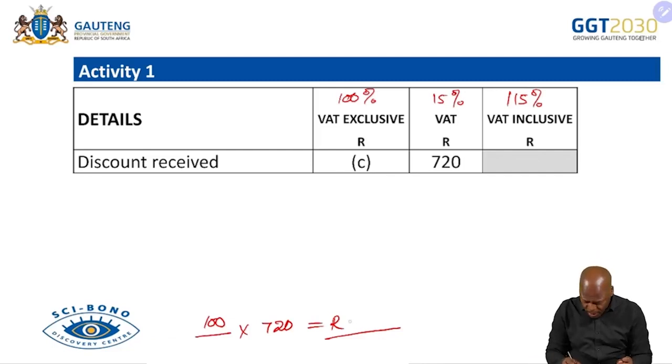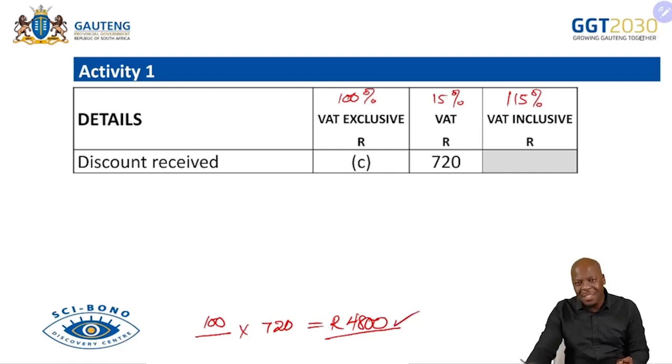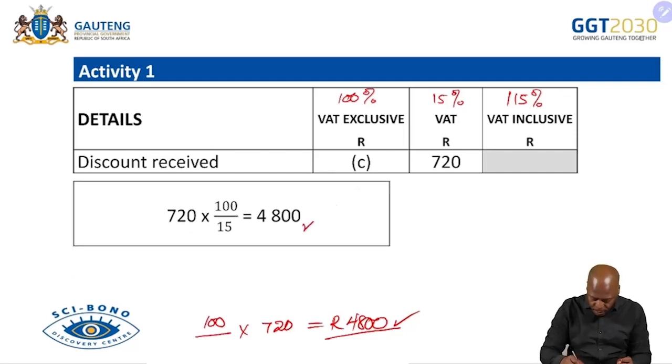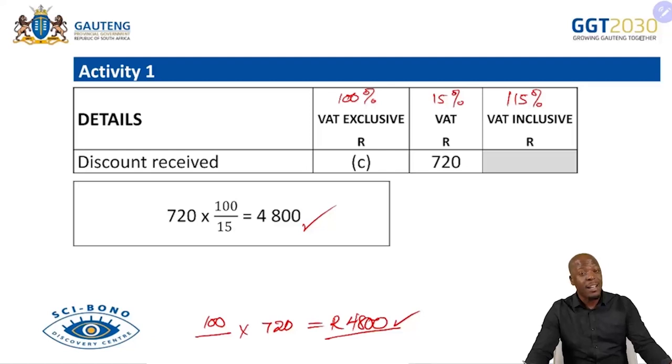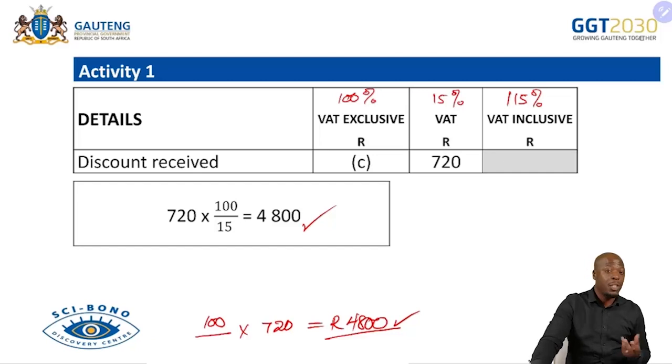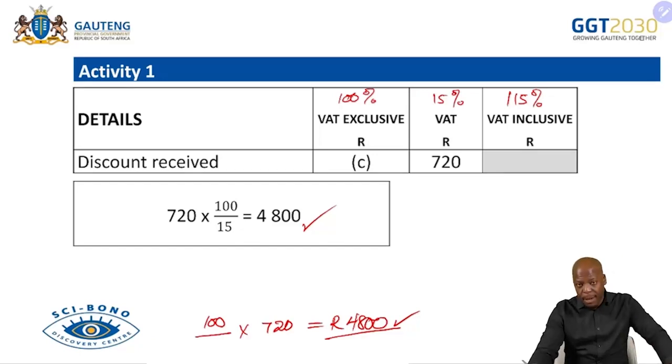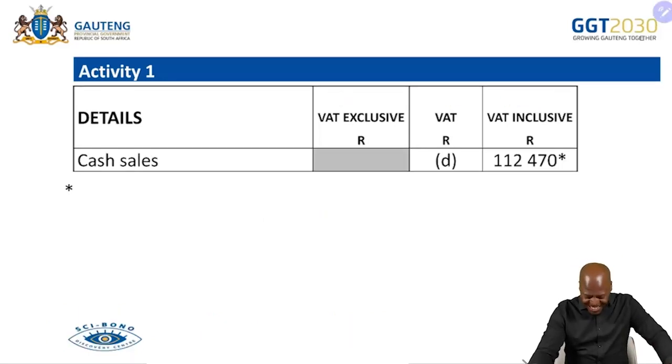Someone is saying we get 4,800. My dear, that is very correct. So we get 4,800 rands. There it is. Neatly done. So you must be able to calculate either your exclusive and your inclusive when you are given the VAT amount. You simply use the UK method and then everything becomes easy.